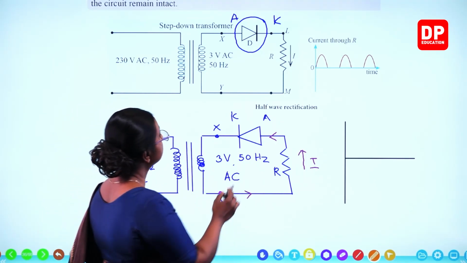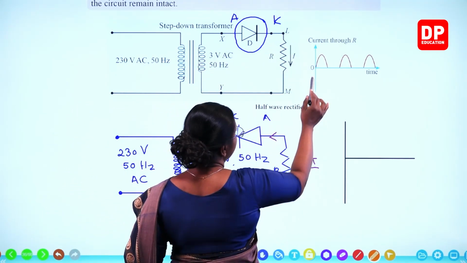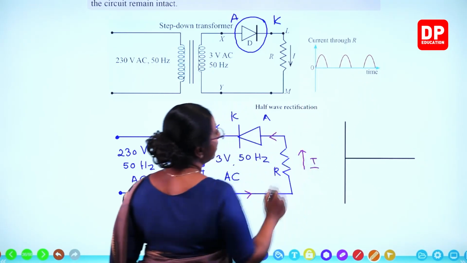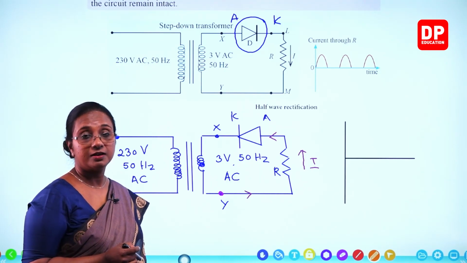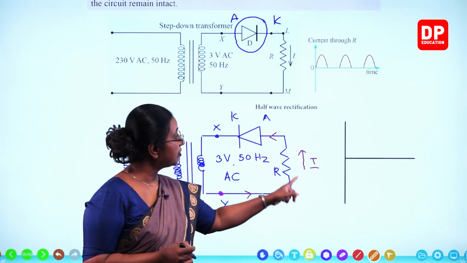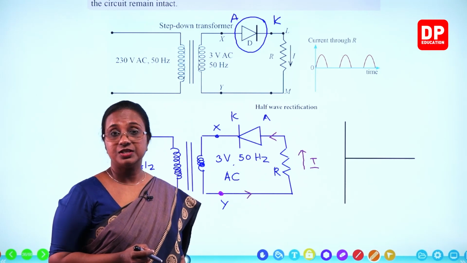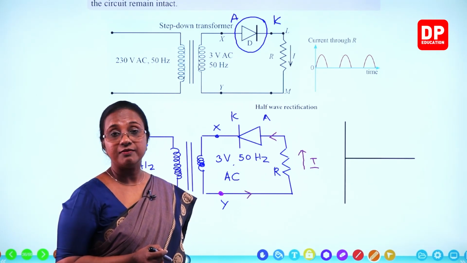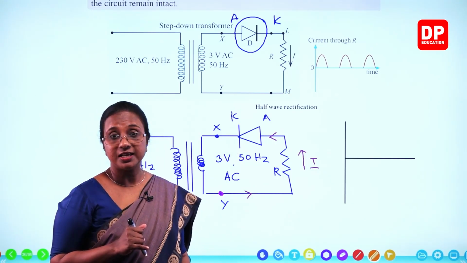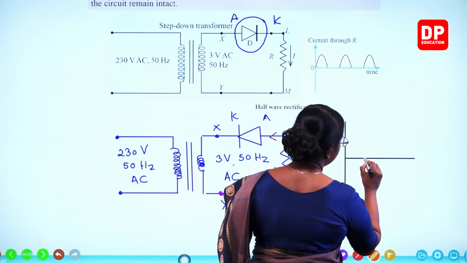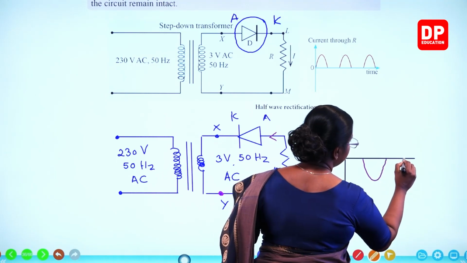So here you can see when the current flows this way, you have the positive currents only. Positive half cycles of the current flow. Now the current is flowing in the opposite direction. Then what will you have? You will only have the negative half cycles. So here we will only have the graph like that.